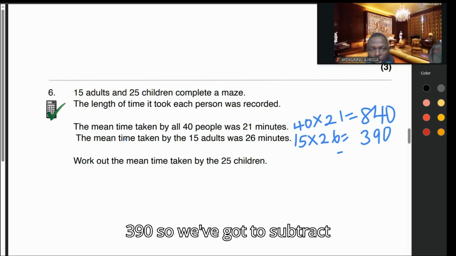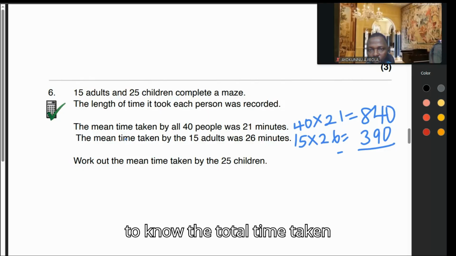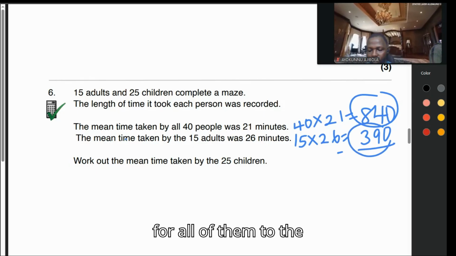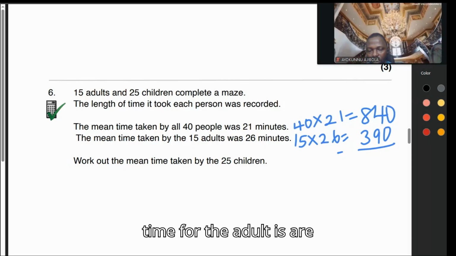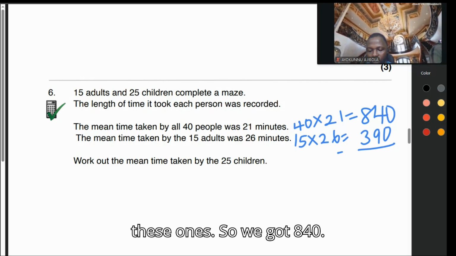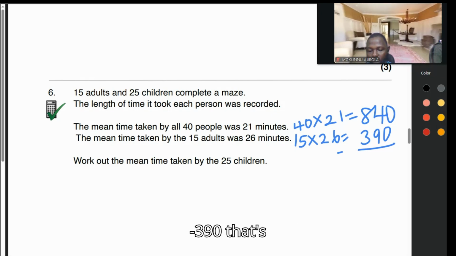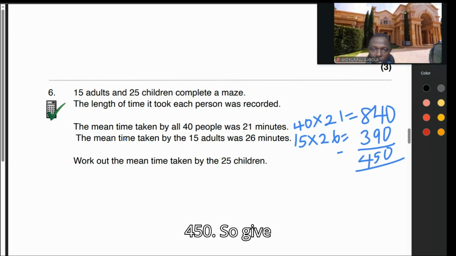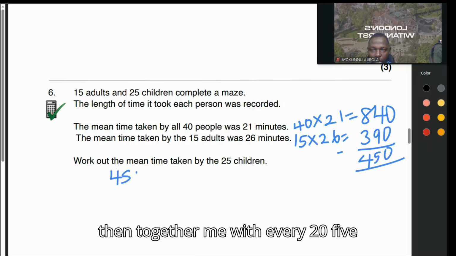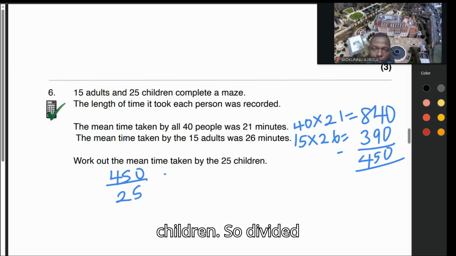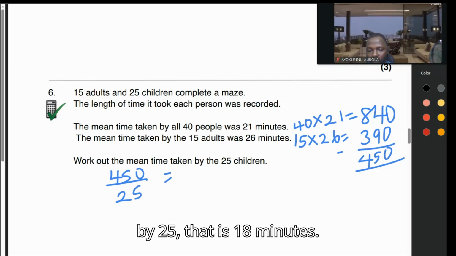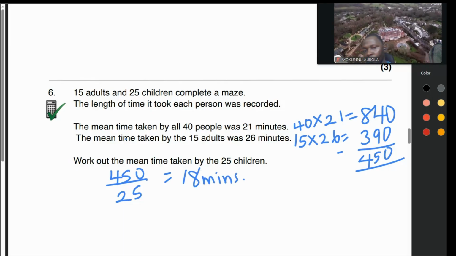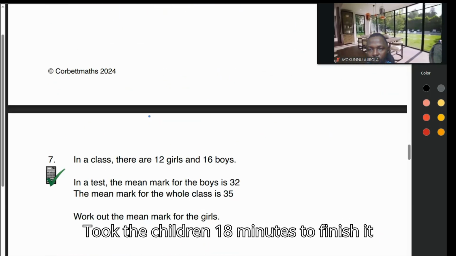We subtract to find the total time taken by the children, because we have the total for all of them and the total for the adults. 840 minus 390 is 450. To get the mean, we divide by the 25 children. 450 divided by 25 is 18 minutes. It took the children 18 minutes to finish it.